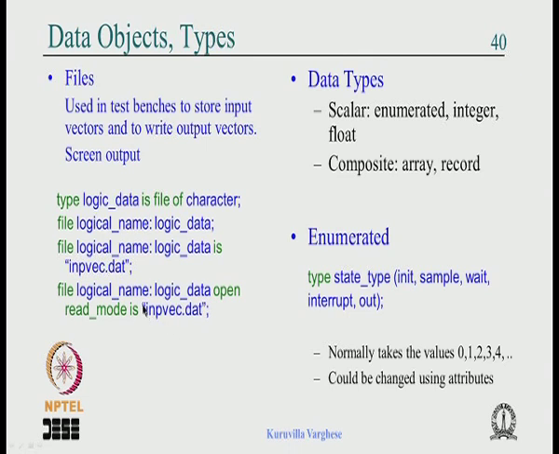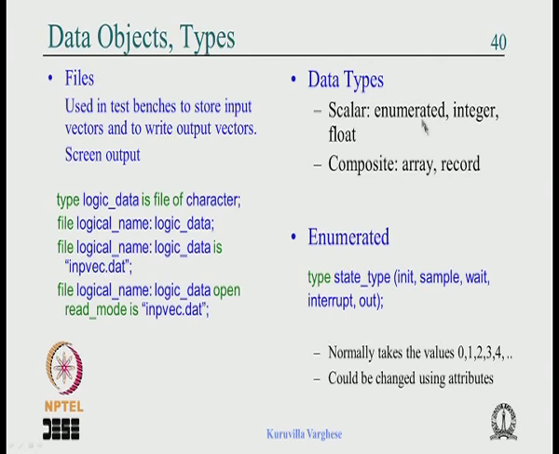But if you have to go to a specific location, you have to give the full path. So that is how the file is used, and when we discuss the test bench we will see it in detail. So that talked about the 4 classes, basically signals, constants, variables and files.